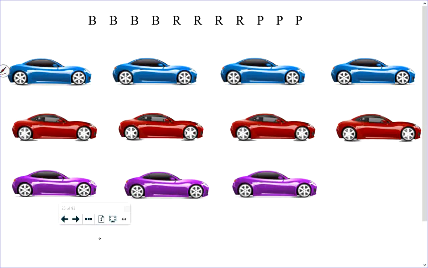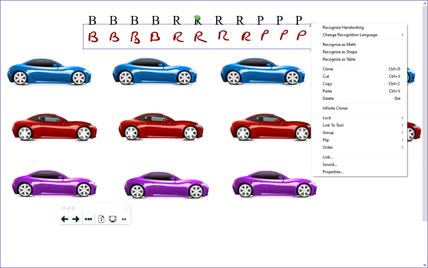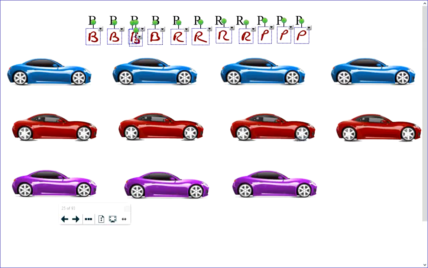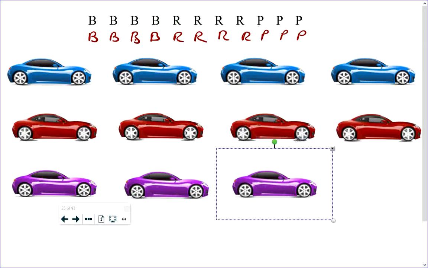But I want you to notice that if I were to take this blue car and this blue car, blue, blue, red, red, red, red, pink, pink, pink, purple, whatever. If I were to take this arrangement, they're all parked out in a lot somewhere in a line, and I did this.